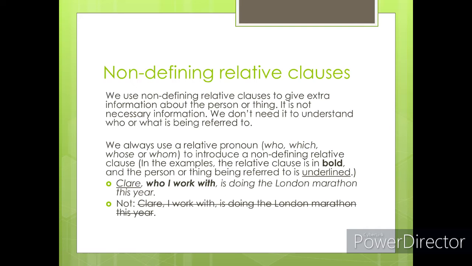In the examples, the relative clause is in bold and the person or thing being referred to is underlined. For example, Claire, who I work with, is doing the London Marathon this year. Claire, I work with, is doing the London Marathon this year. This is incorrect.